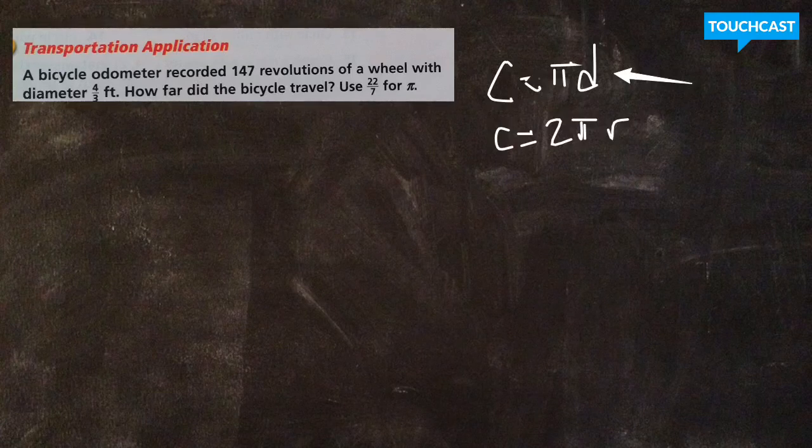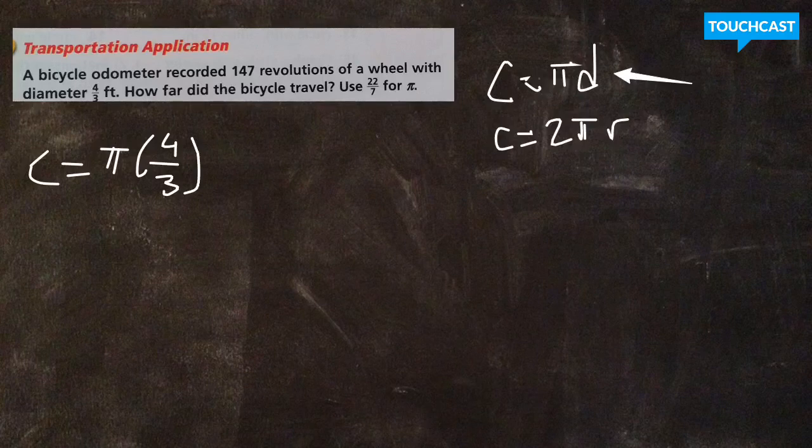So let's plug everything we know into the equation. We know that C is going to equal pi times 4/3, our diameter. But we also know that we can use the fraction 22/7 for pi. So C is equal to 22/7 times 4/3.